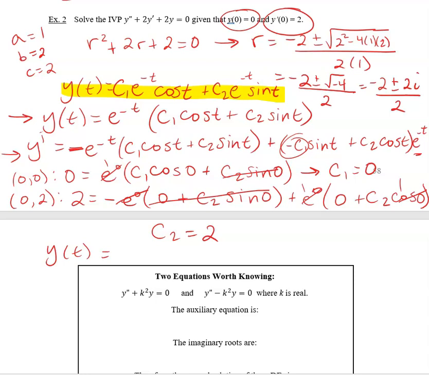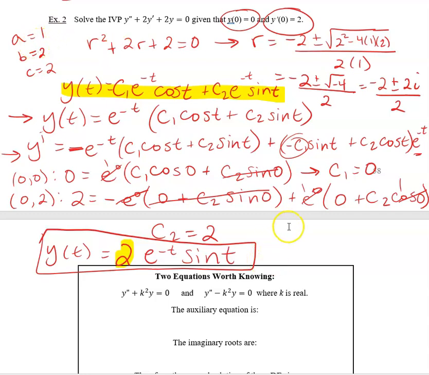That entire first term is going to go away because C1 happened to be 0, and C2 was 2. So it's going to be 2, oops, sorry, let me change my pen back. It's going to be 2 e to the negative t times sine of t. And that's going to be the particular solution for the given initial conditions.